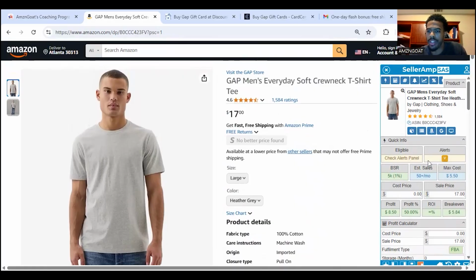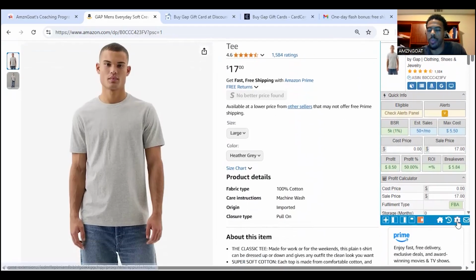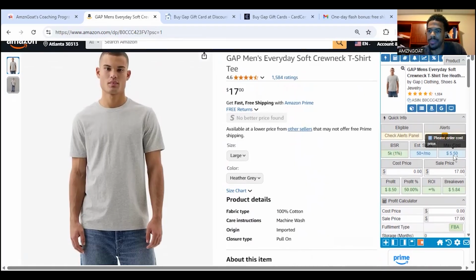Whatever you have in your seller ramp settings, whether it's 25%, 30%, whatever the case is, that max cost is going to be the highest price you want to pay for a product in order to satisfy whatever ROI, return on investment target you have in your seller ramp setting.